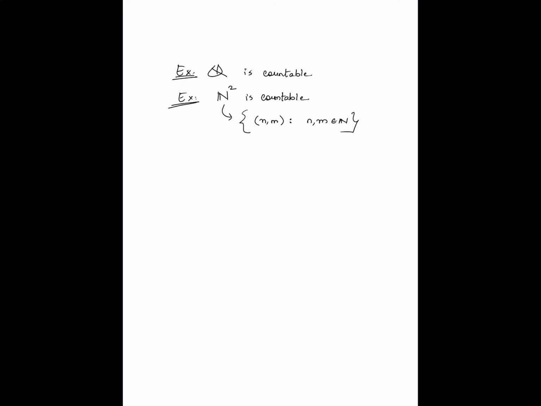Based on this notion of cardinality comparison, we say that a set is countable if it is equicardinal with the natural numbers. A set is uncountable if it has a cardinality that is more than that of the natural numbers. And finally, a set is at most countable if it is either finite or countable.